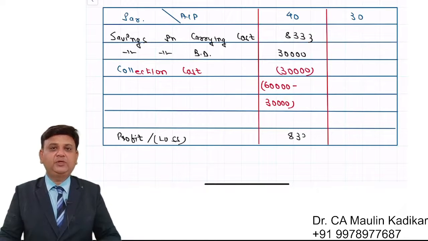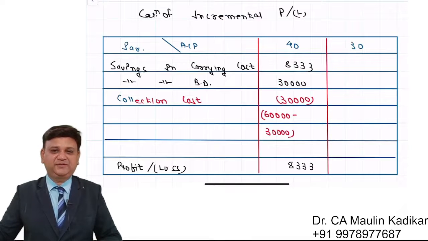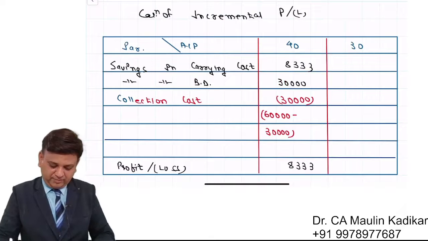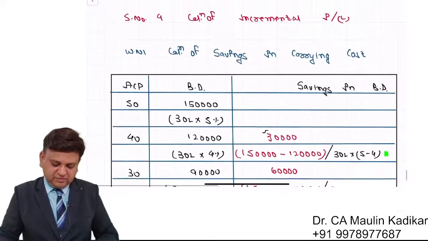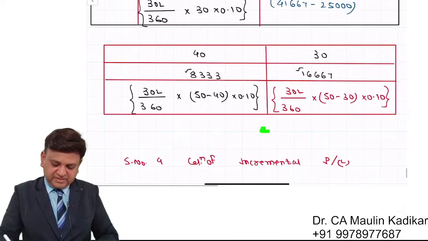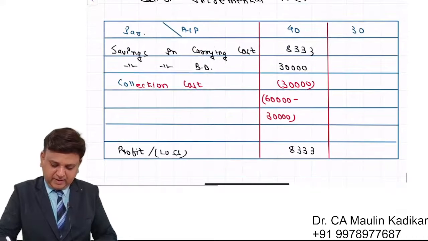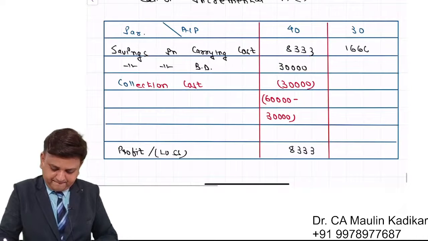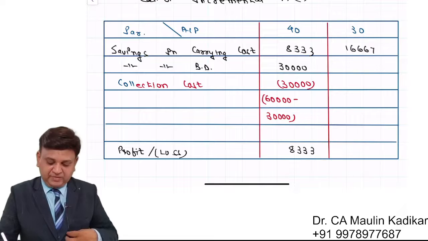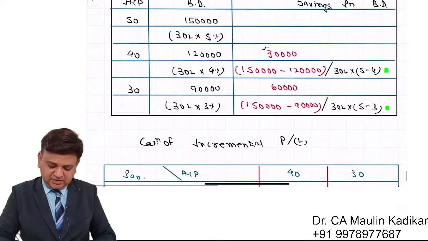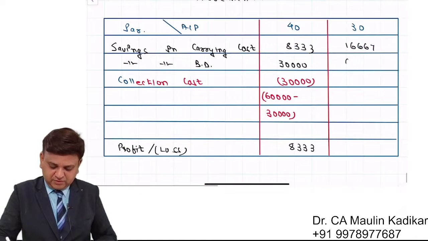For 30 days, I want you to calculate the answer and put your answer in the chat box. So now savings in the carrying cost, we will have 16,667. Then savings in the bad debts, it is an amount of 60,000.